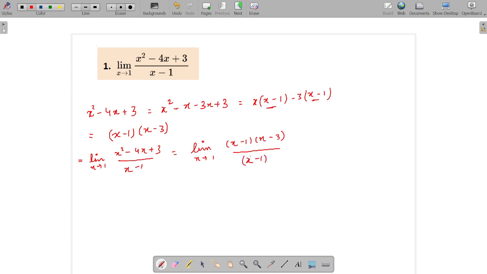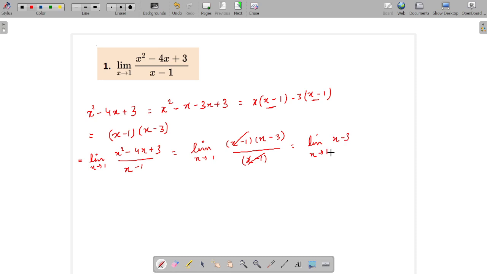Now when I have factorized it, I can get this factor cancelled out. X minus 1 from the numerator cancels x minus 1 from the denominator, and hence we are left with limit x minus 3 as x approaches 1.